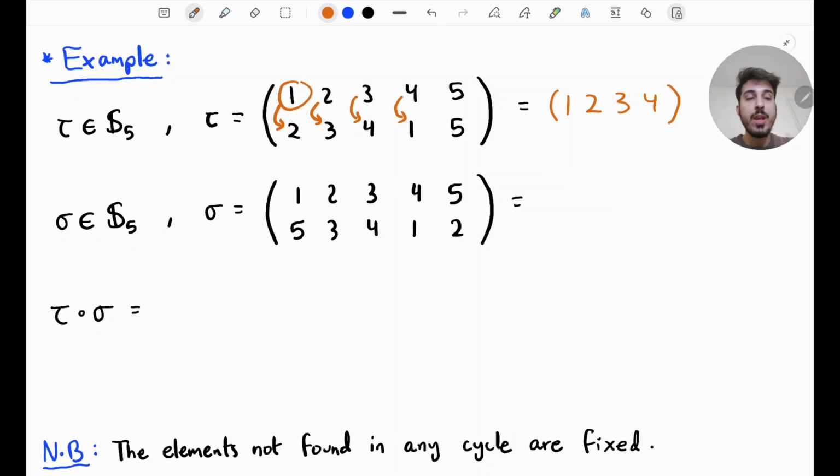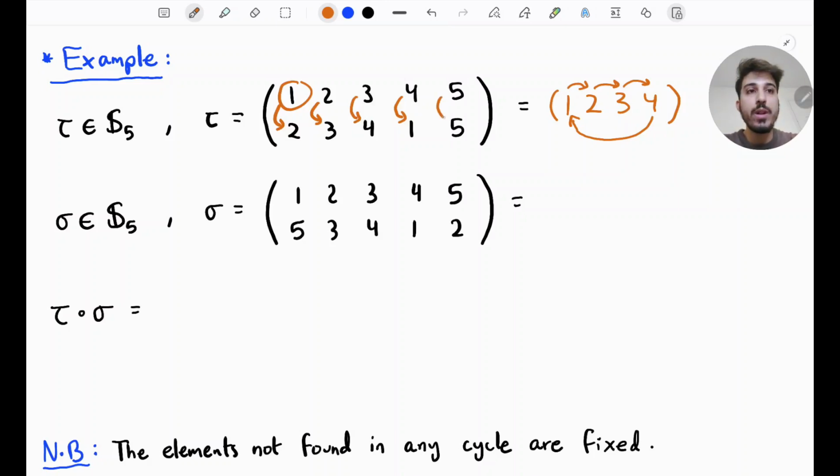But why is that? Well, remember in the definition, the cycle will send the last element to the first element. And since 4 is sent to 1, that is exactly what we're describing here. So 1 sends to 2, 2 sends to 3, 3 sends to 4, and 4 sends all the way back to 1, and we close the parenthesis.